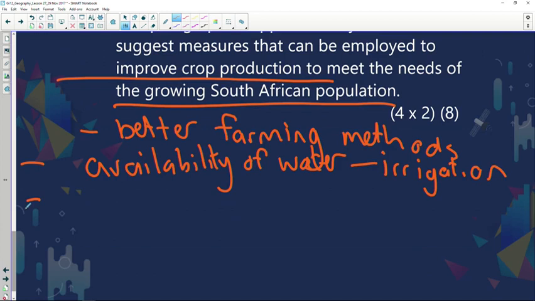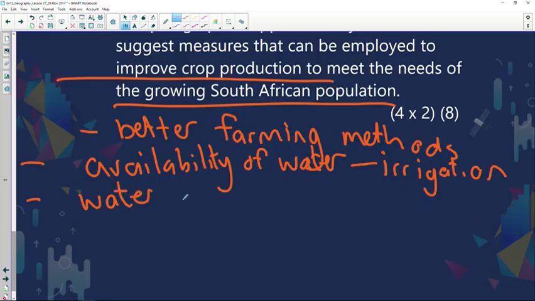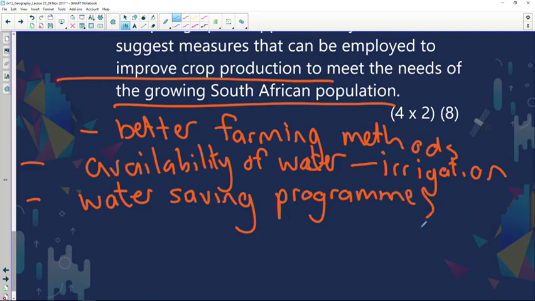Now, keep in mind, water is a very scarce commodity in South Africa, so we need to have water saving programs. We need to work out how we can maximize our minimum water resources.